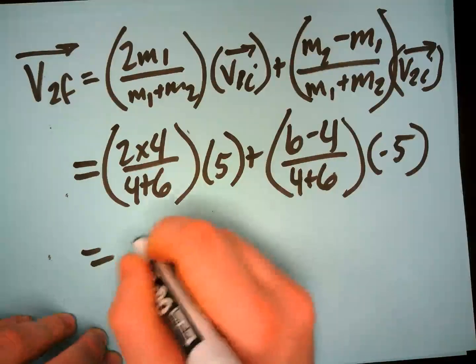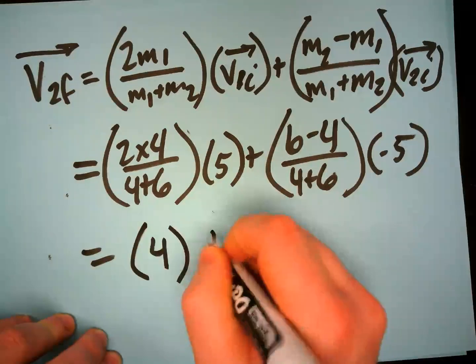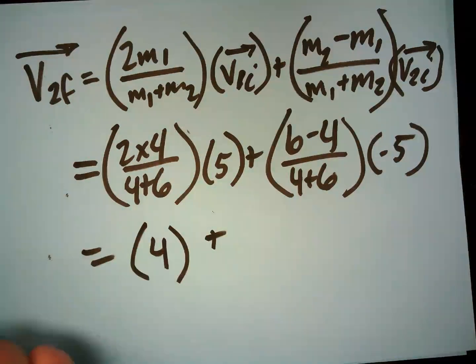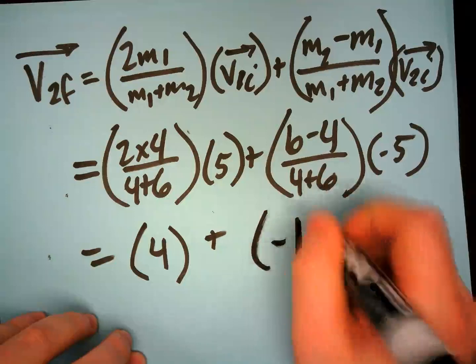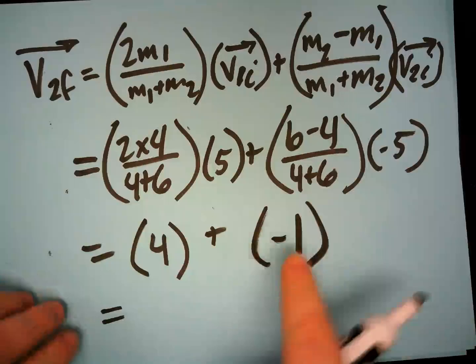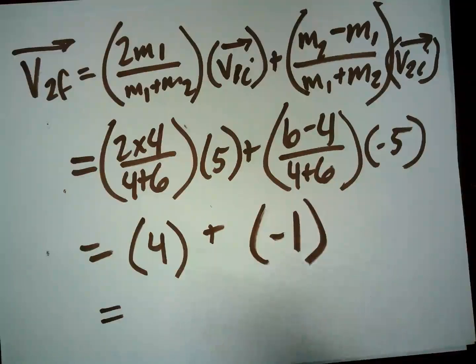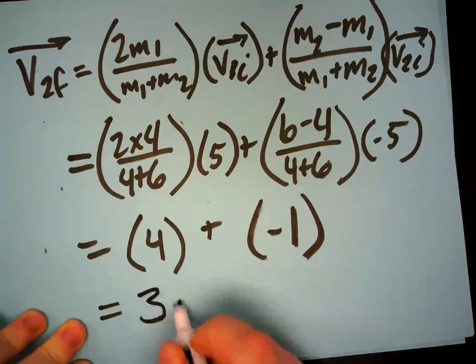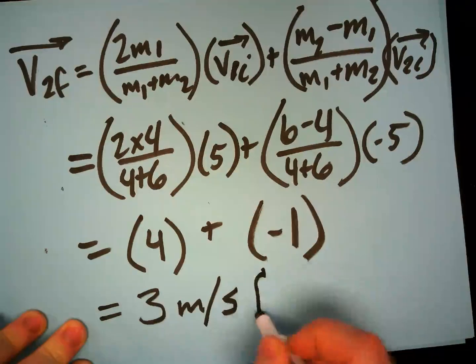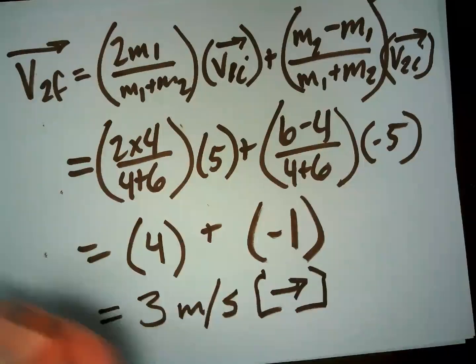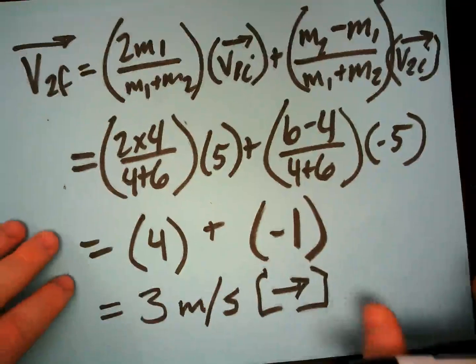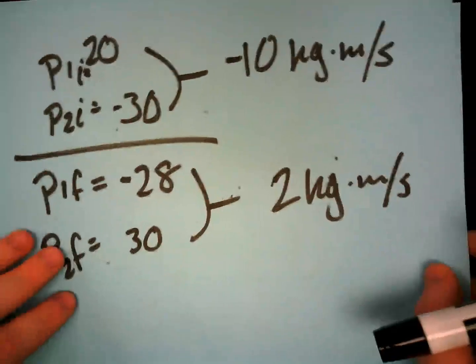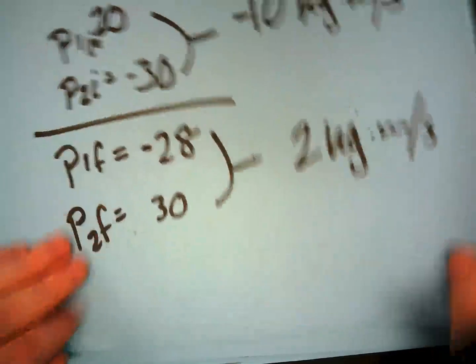So then over here we get 4, and then it's going to be 6 minus 4 over 10 times negative 5. So instead of plus 1, it's going to be minus 1, which gives me not 5, but 3 meters per second in this direction. Okay, that's going to make a huge difference now.